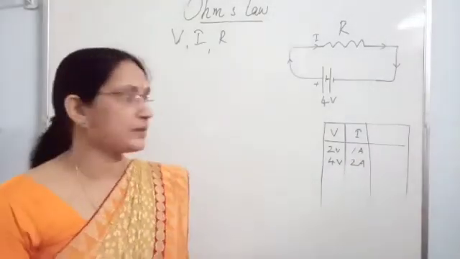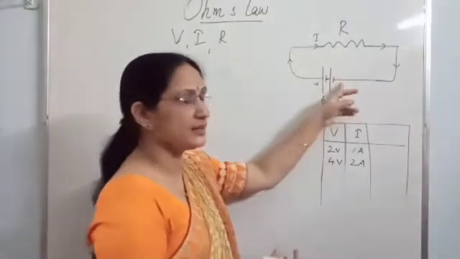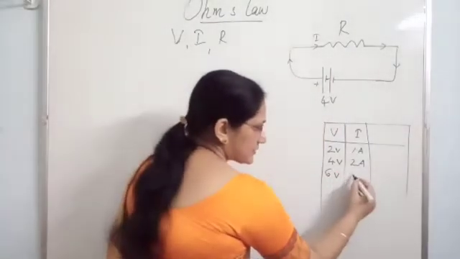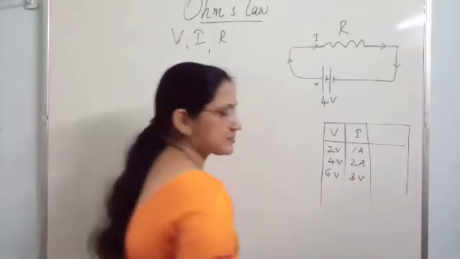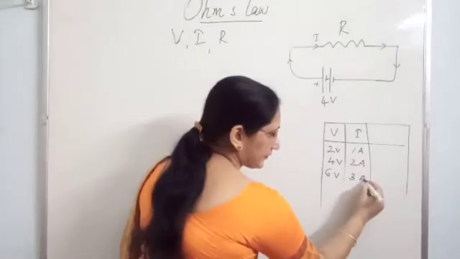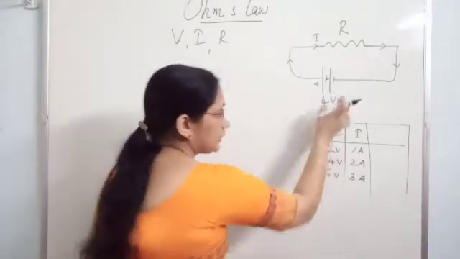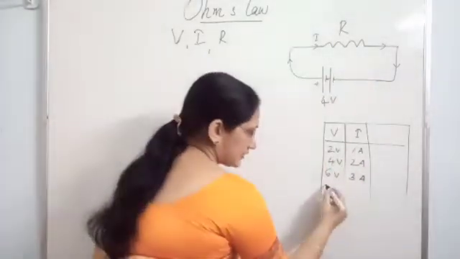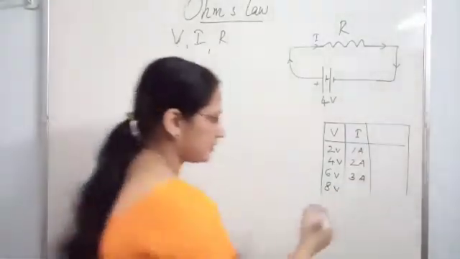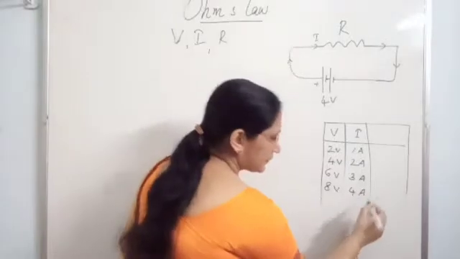Again repeat the same thing. You add one more cell here. So the potential difference will become 6 volt, and you will see the current has become 3 ampere. Now next, you connect 4 cells. So 8 volt will be the potential difference and the current value will be 4 ampere.